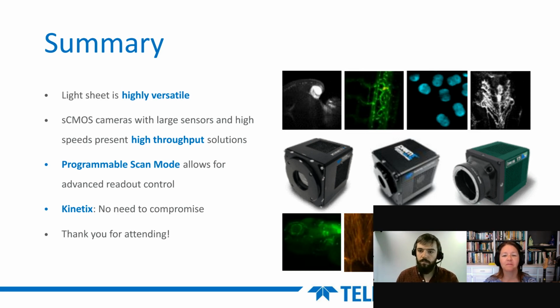Great, thank you. Next question. What is the largest sensor camera you offer? So while we offer a standard 19mm diagonal field of view, which is the 6.5 micron pixel 2K by 2K, we also have cameras like the Kinetics, which go up to 29mm.